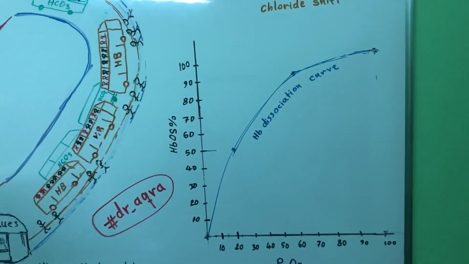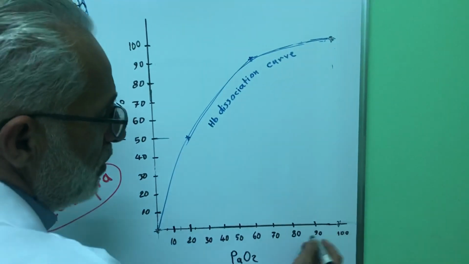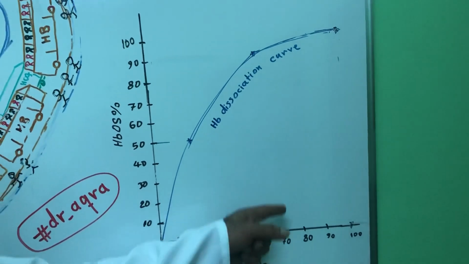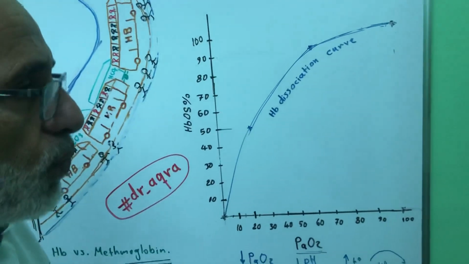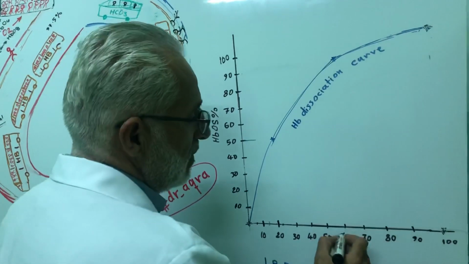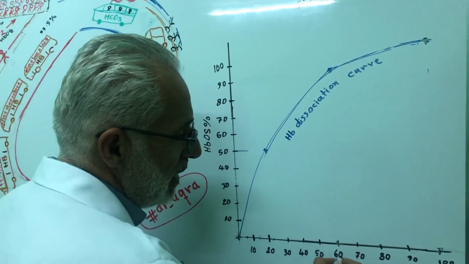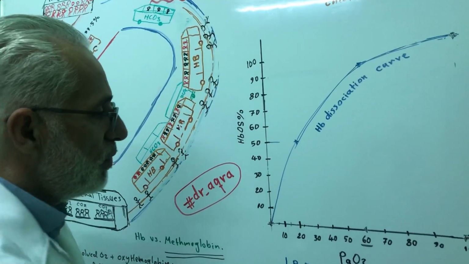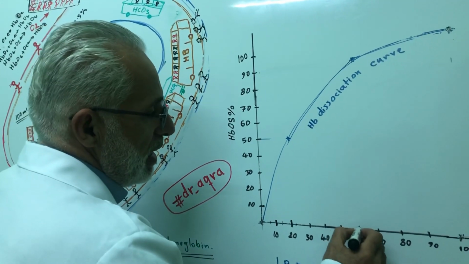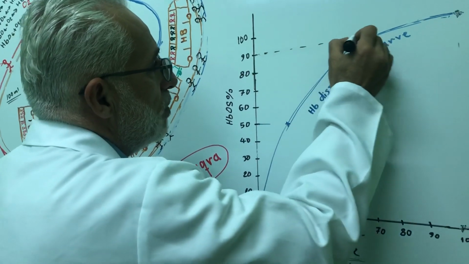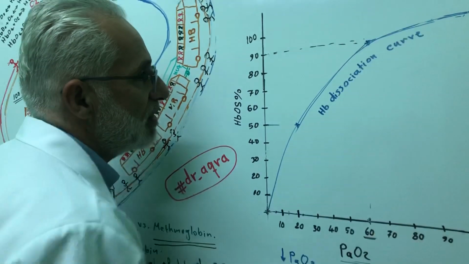The good news here is that when the partial pressure of O2 starts to decrease, the dissociation of hemoglobin is not linear. Only at 60 millimeter mercury partial pressure of O2 will the saturation decrease down to only 90%.